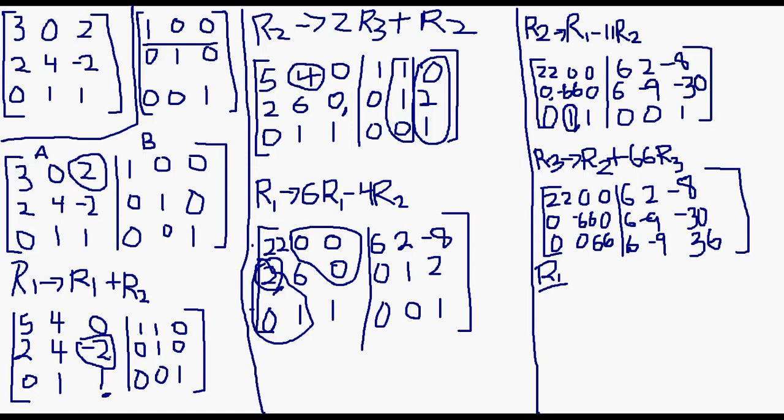That's how we can change this side to 0. Or you can do it as 66 row 3 plus row 2. It's the same thing, meaning the 66 is multiplying row 3.